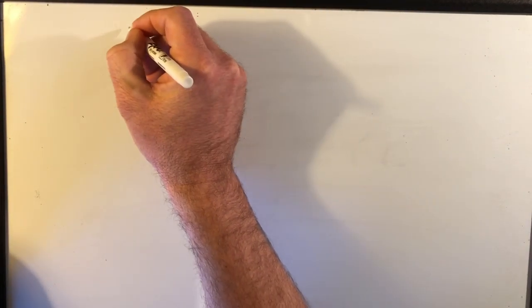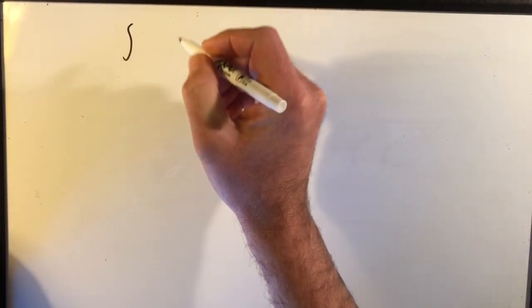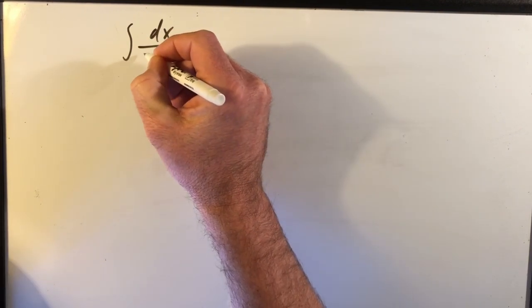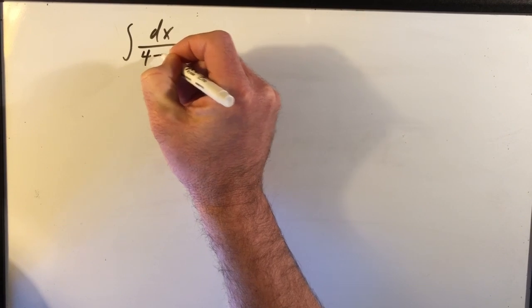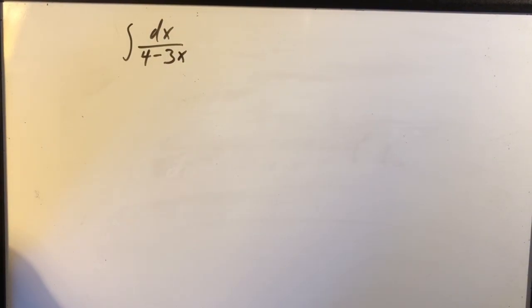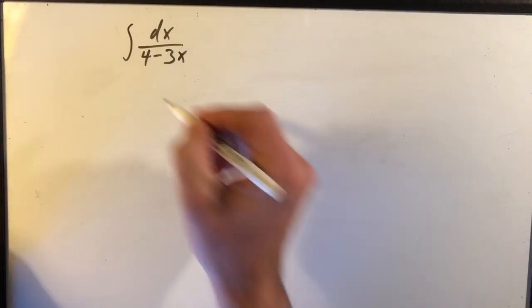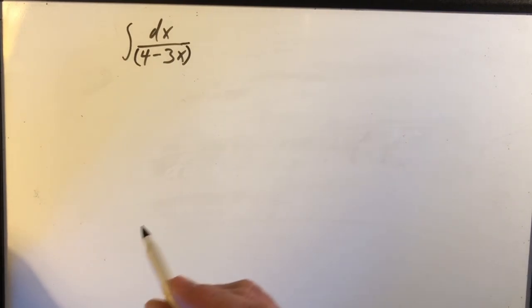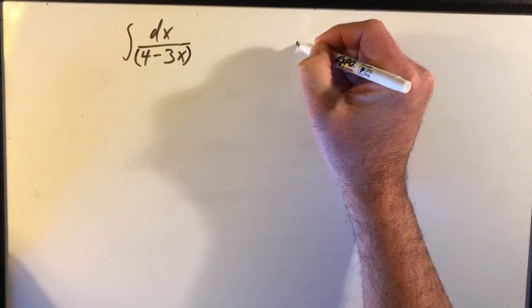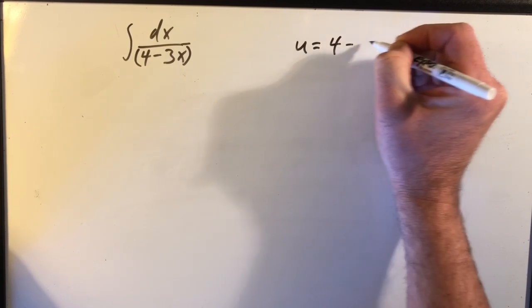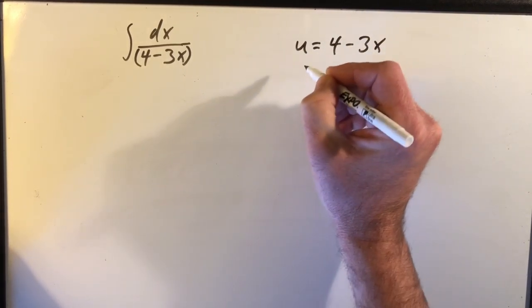So I'm going to throw the problem out where it's going to be, let's just say, take the integral of dx over, just say 4 minus 3x. Okay, so looking at that, so you can think about it as what's in the denominator is kind of trapped. And so let's start with assigning u to 4 minus 3x.